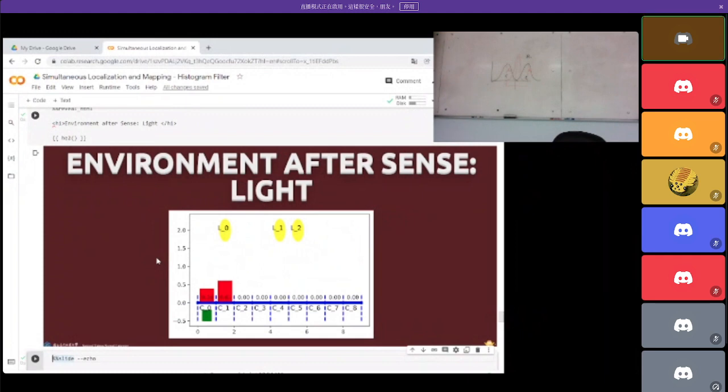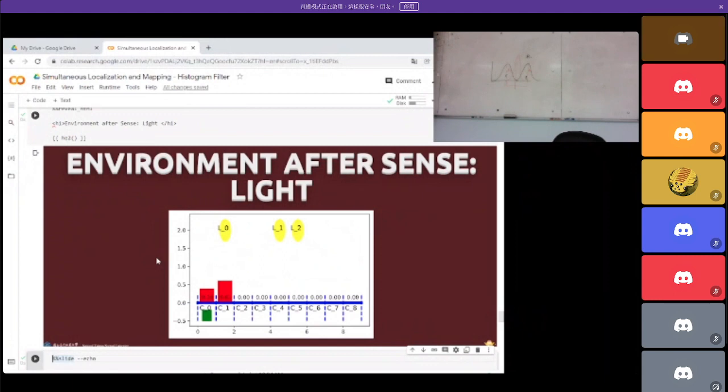So now, using the likelihood of my sensor, which is 70, if I'm under light, there's a 70% chance I actually detect light. If I'm in this location here, this one would correspond with 70% probability.